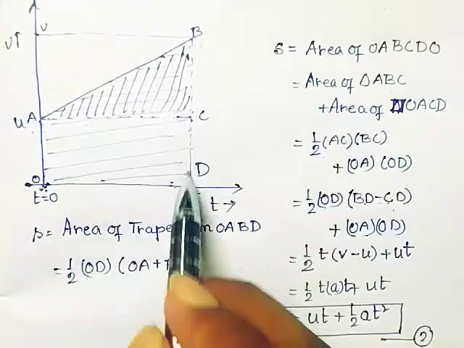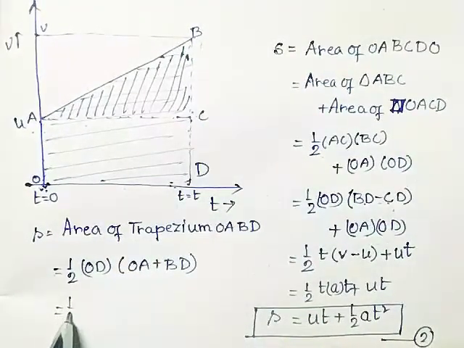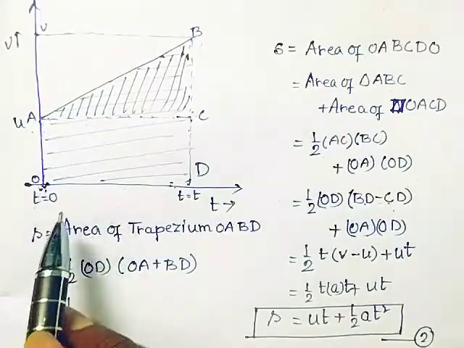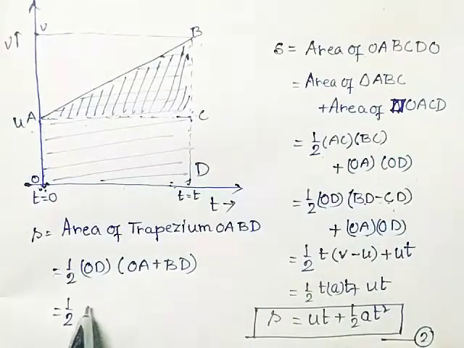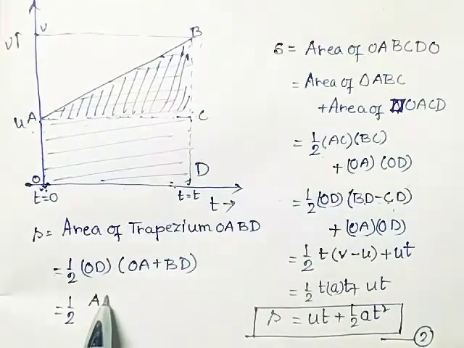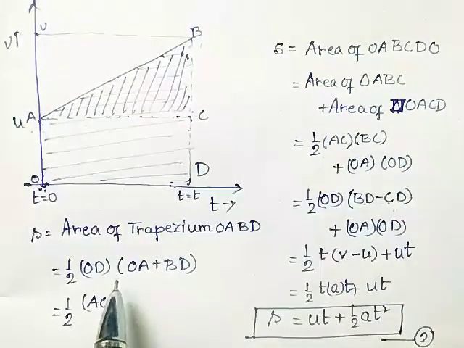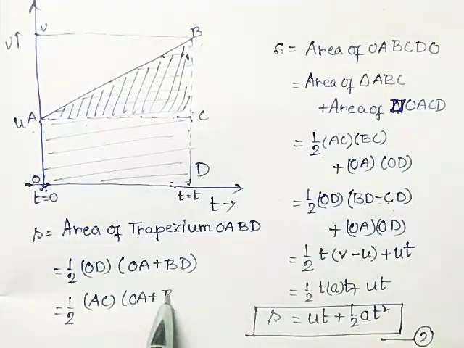OA and BD are the lengths of these two parallel sides. So half of OD. We can replace this OD by AC also, because OD and AC have the same length, and just leave this thing as it is.